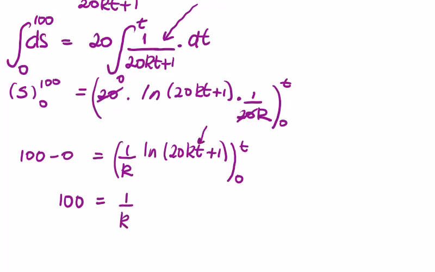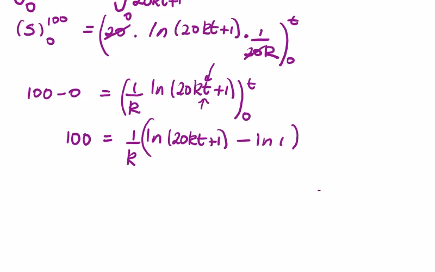Putting t in for t and then 0 in for t, we're going to get the natural log of 20kt plus 1 minus the natural log of, this will be 0, so just the natural log of 1, which we know is equal to 0. So 100 is equal to 1 over k times the natural log of 20kt plus 1.